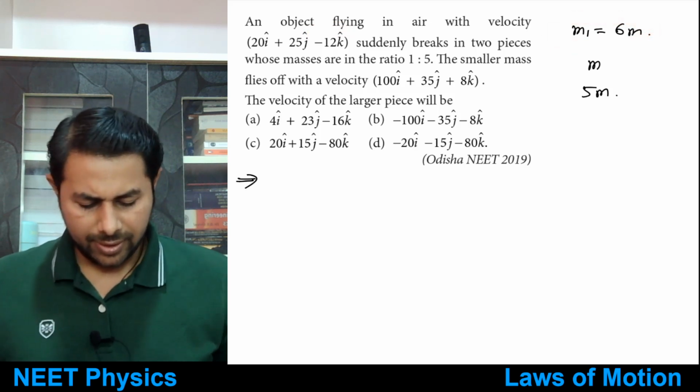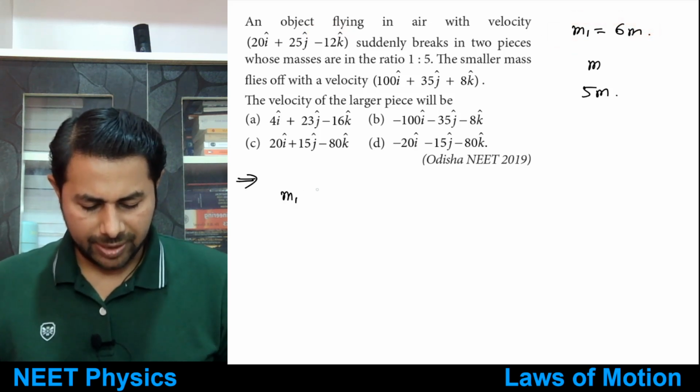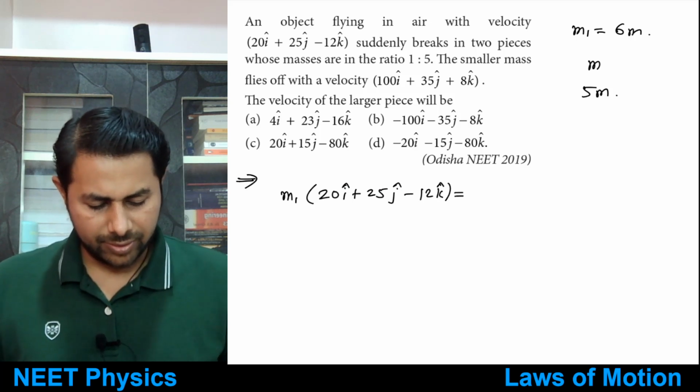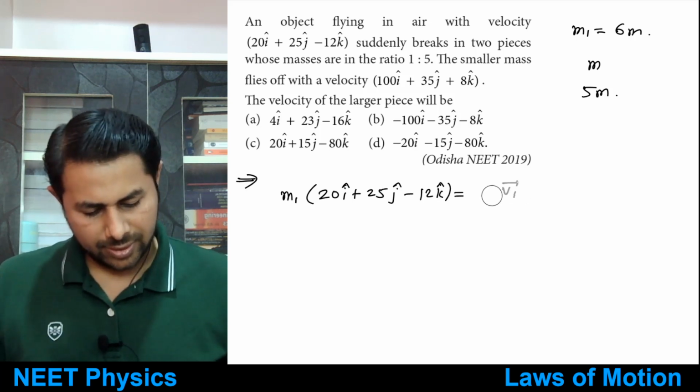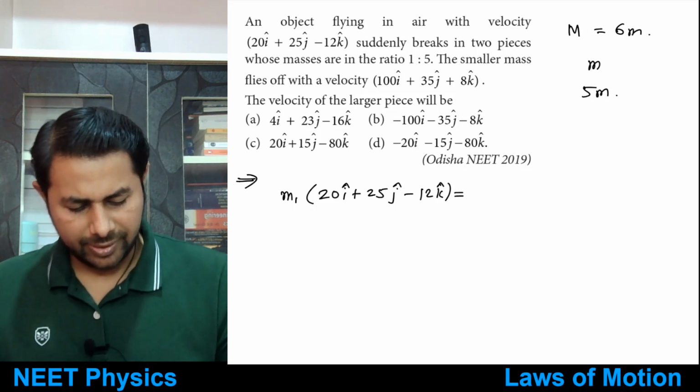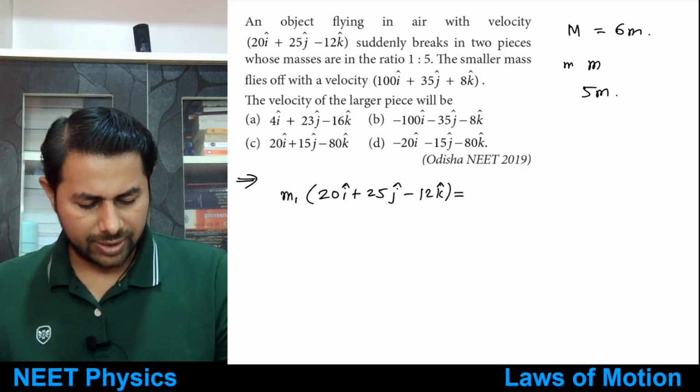Okay, so then you can say m1 multiplied by initial velocity, that's 20i plus 25j minus 12k, must be equal to m1 v1 bar. Or let's call this one capital M, this one m1, this one m2, just to explain.